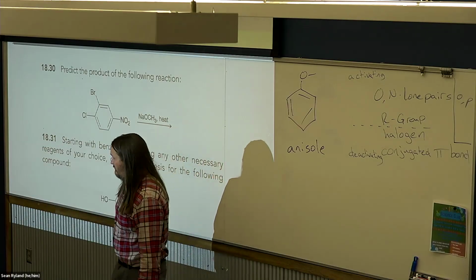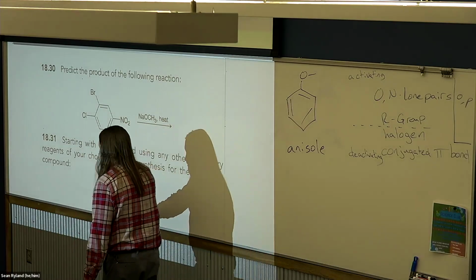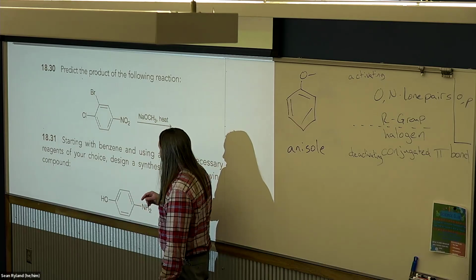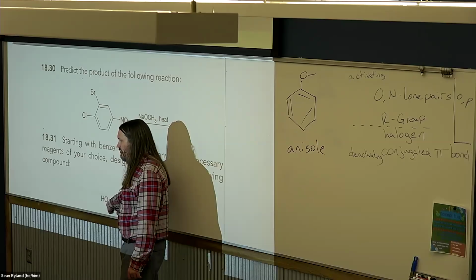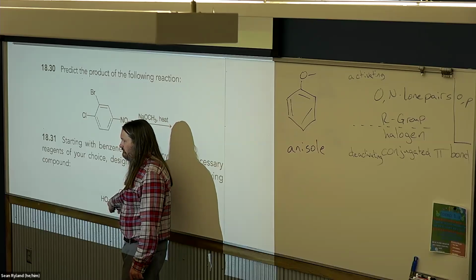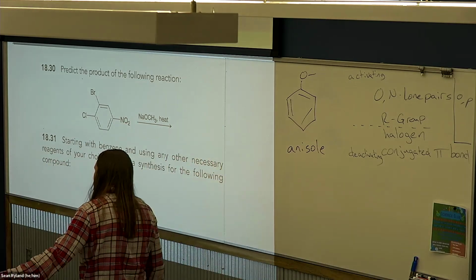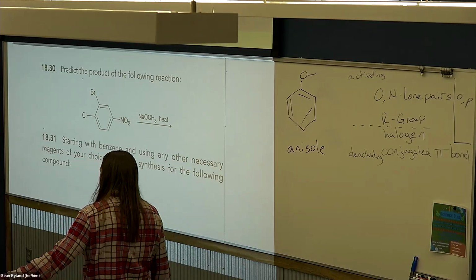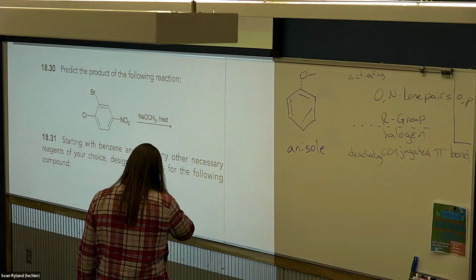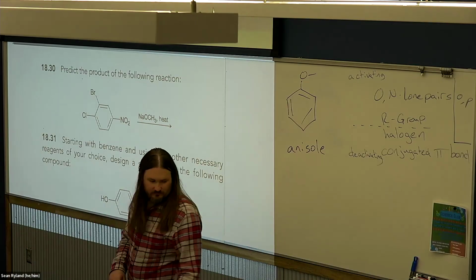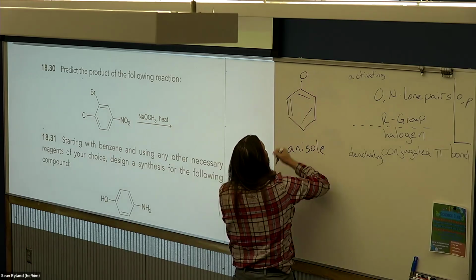I don't think we've covered it yet though. So let's not use that one. So we can't just put a nitro group there. Do we have a reaction to put an OH group? We want one of the ones that we just learned, right? Would make sense. We have a way to do it if we started from benzene. Let me draw our target over here so I can light up the board here.